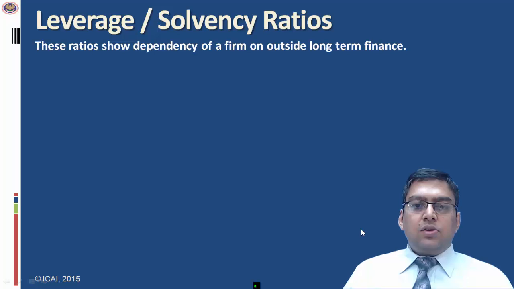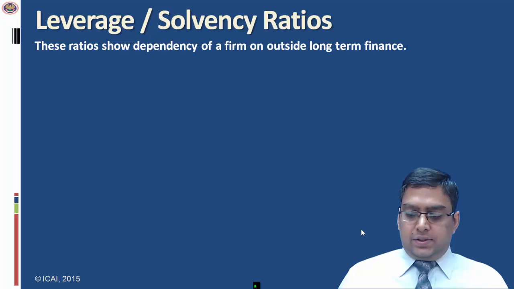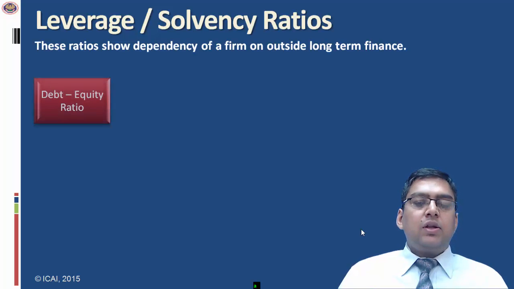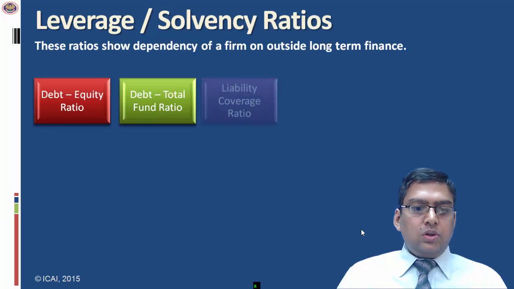Next is the leverage solvency ratio. This ratio shows the dependency of a firm on outside long-term finance. There are various ratios in this solvency ratio. First one is the debt equity ratio. Second one is the debt total fund ratio.